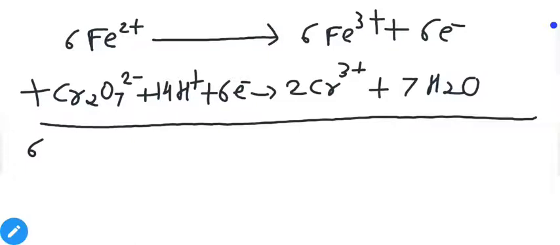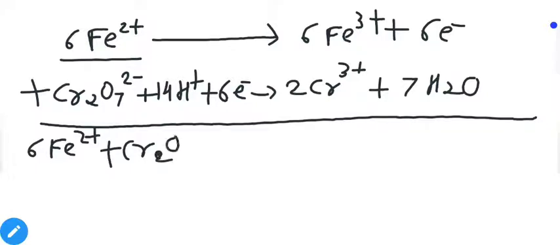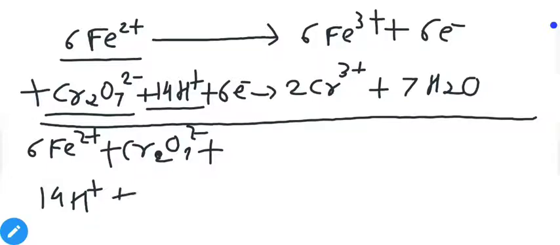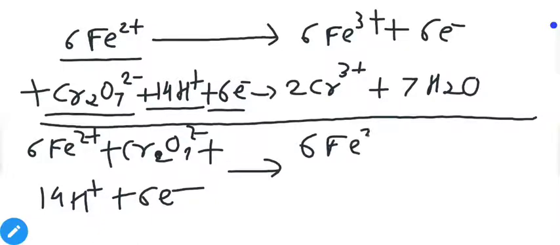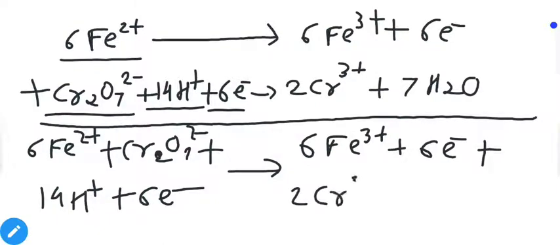So we have 6 Fe2+, our first reactant, plus Cr2O7 2-, second reactant, plus 14 H+, third reactant, plus 6 electrons. It will produce now all the products: 6 Fe3+ plus 6 electrons plus 2 Cr3+ plus 7 H2O.